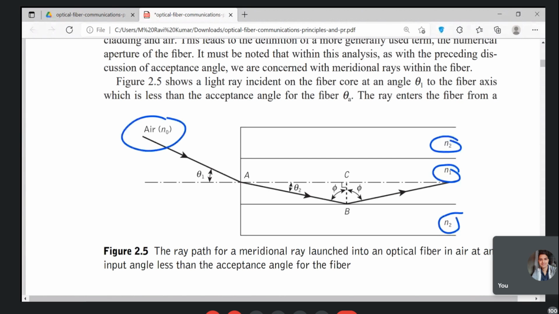This N2 is not on two sides, but it's in a cylindrical form. Theta 1 is your angle of incidence, theta 2 is your angle of refraction, and phi is your total internal reflection which has occurred at the core cladding interface.